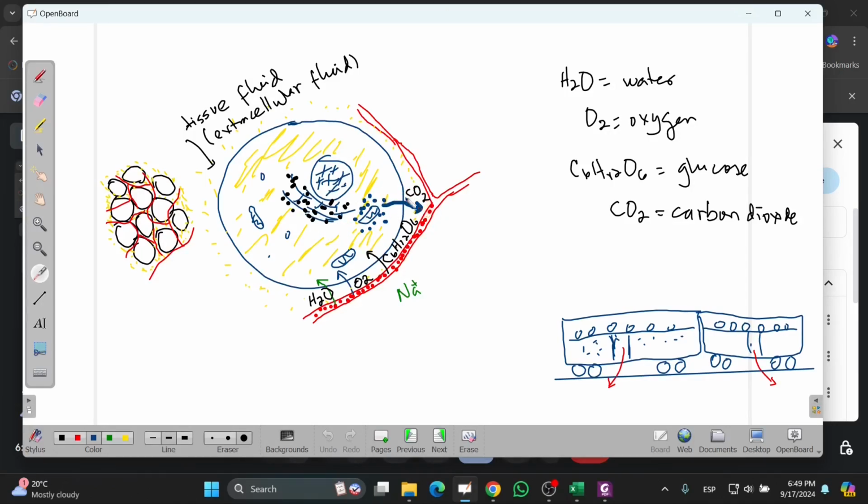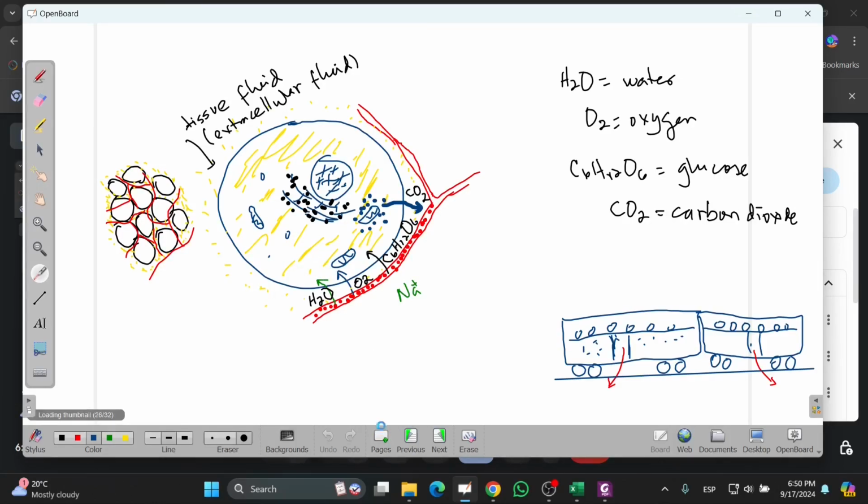Because this carbon dioxide now will be taken away from the cells and will be transported back to the lungs so that we can breathe it out. I mean, the blood will go back to the lungs so that we can breathe out the carbon dioxide.